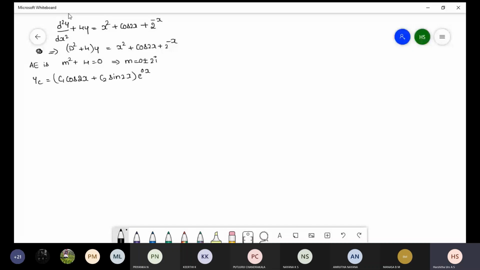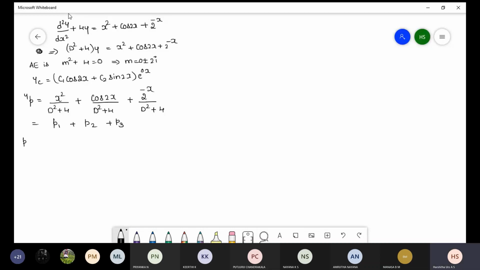So here only I segregate x square divided by d square plus 4 plus cos 2x divided by d square plus 4 plus 2 power minus x divided by d square plus 4. For this one I call p1 plus p2 plus p3.